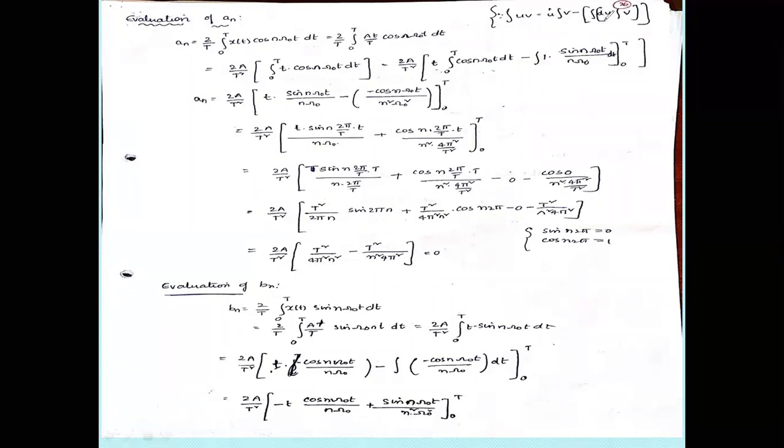Okay. So in this, the t we can take as u and cos n omega naught t dt as v. What is the formula here? Integration by parts, we can call it, otherwise the uv rule: u integral v minus integral of the derivative of u and the integral of v. This is the total function. First of all, you take the integral of v.